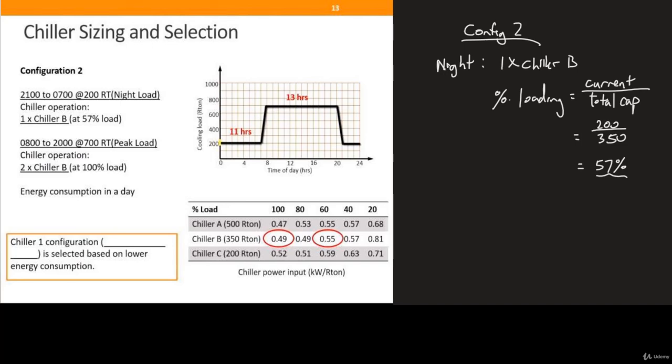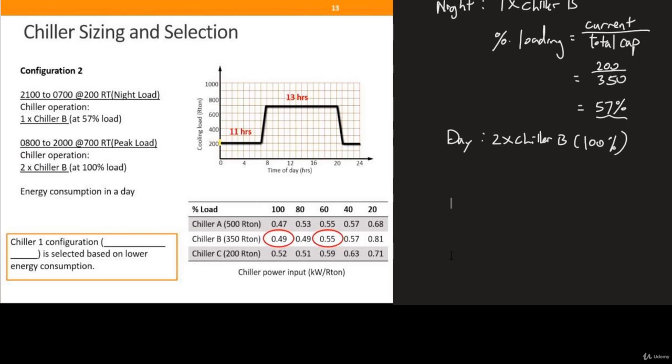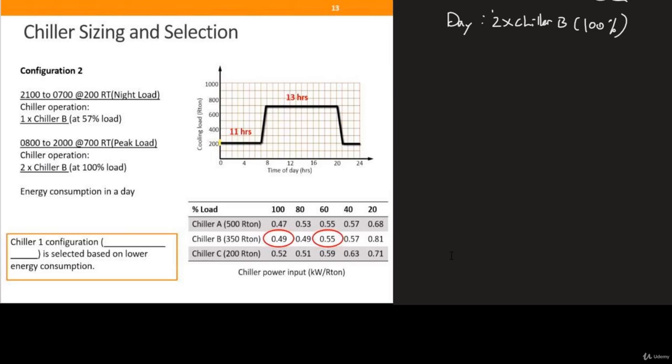During the daytime it's quite straightforward because you need 700 tons of cooling. You can safely operate 2 chiller B at 100% to get 700 tons. So maybe you want to try how to calculate the energy consumption. Let's look at the daytime first.